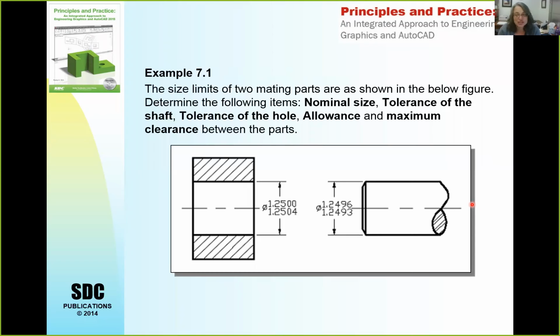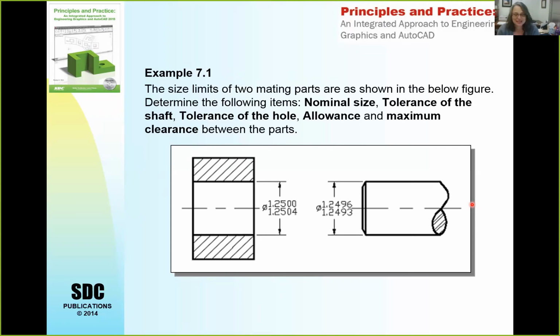And I want you to actually take a minute with pencil and paper to figure out the nominal size of both the shaft and the hole, the tolerance of the shaft, the tolerance of the hole, the allowance, and the maximum clearance. Pause this lecture, look back through your notes, and see if you can figure all those things out.